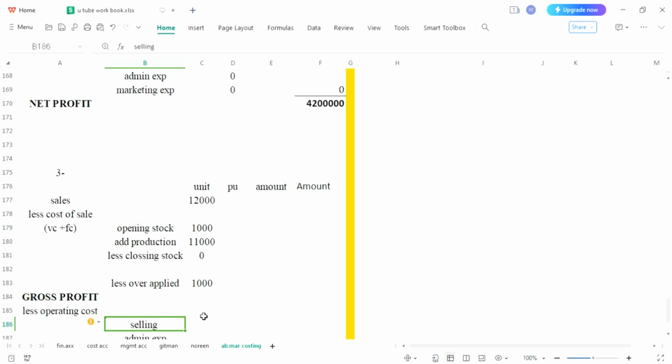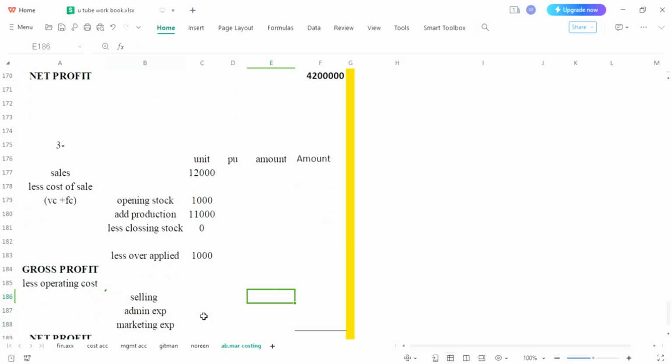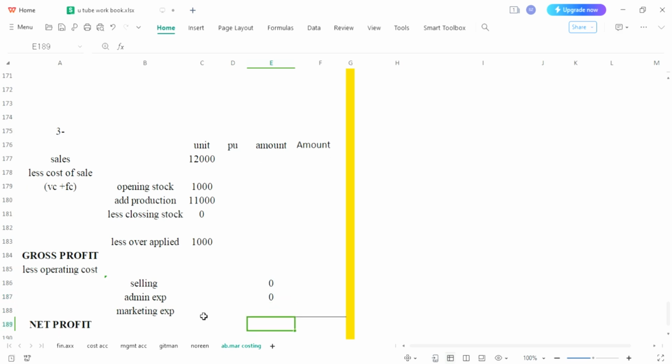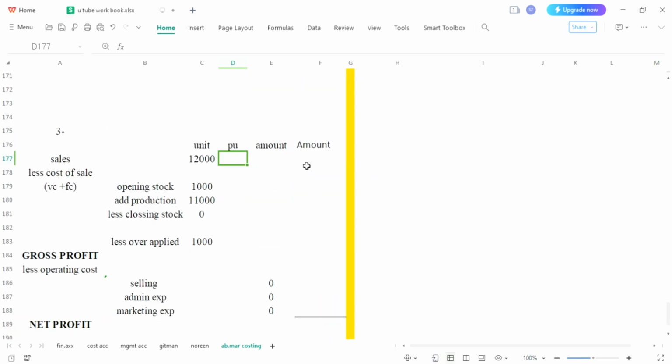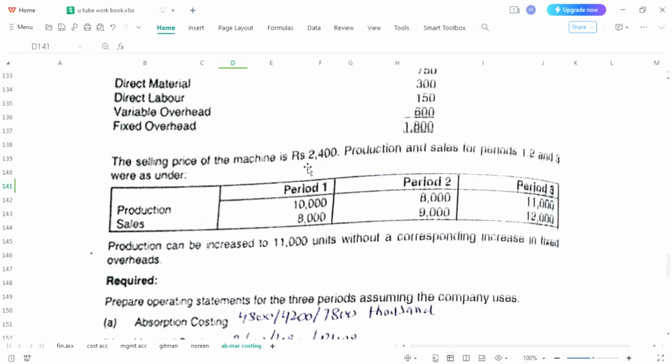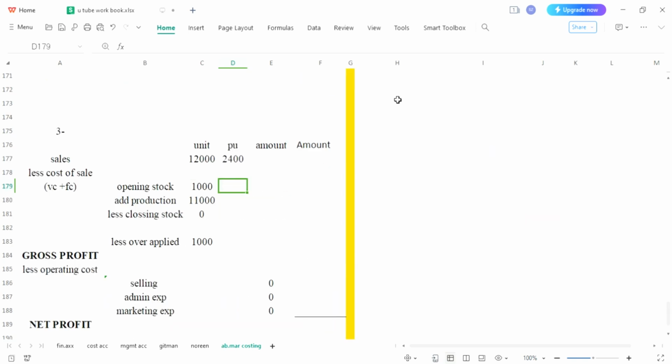1,000 units are completed, and we know that in this question there are no selling, admin or marketing expenses. For per unit sale price, we will go to the question, and here per unit sale price 2400 is mentioned. You will put 2400 over here. For the cost of sales, in case of absorption costing, we need both variable and fixed cost. So 1800 is your total per unit cost, and the same will be used for opening stock as well.